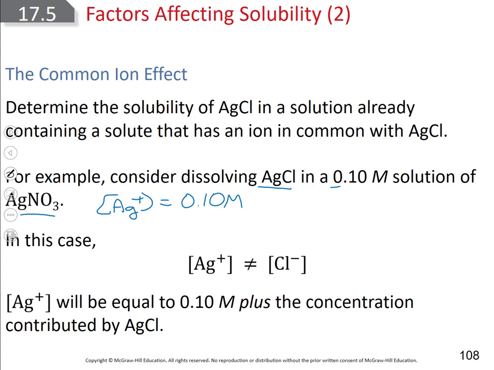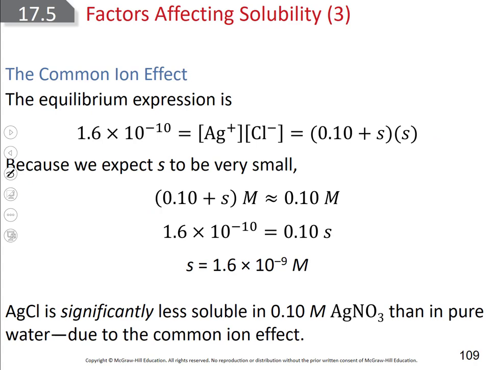Now, when we do our ice table, we have to consider that silver starting at 0.1 molar, which will change its equilibrium concentration. So now this 0.10 plus S, this is coming from the very bottom of the ice table. Again, silver chloride in equilibrium with silver ion plus chloride ion.